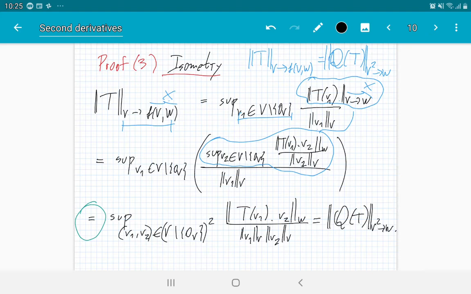Now there's a non-trivial step in the proof, which is this equality here. Basically what I'm saying is that you can move the supremum inside, outside. You can take the supremum together in V1 and V2. And why is that?